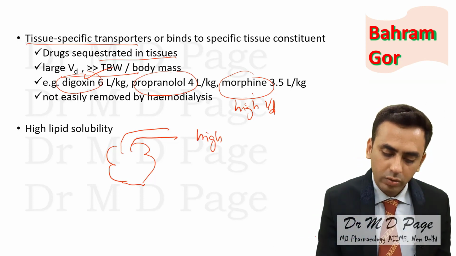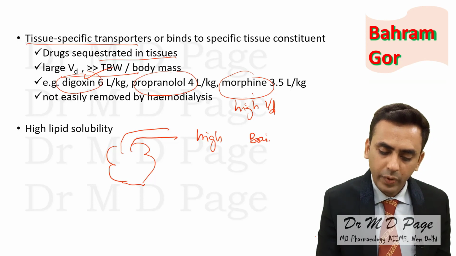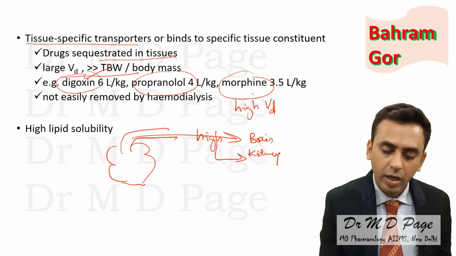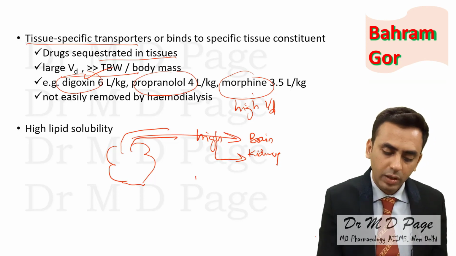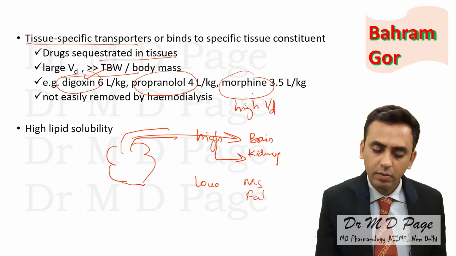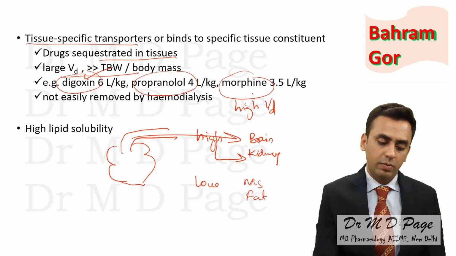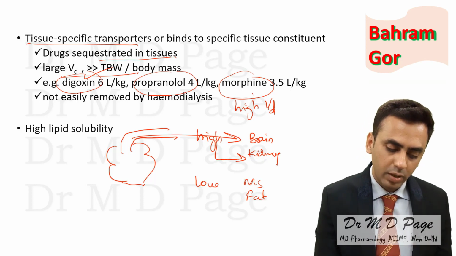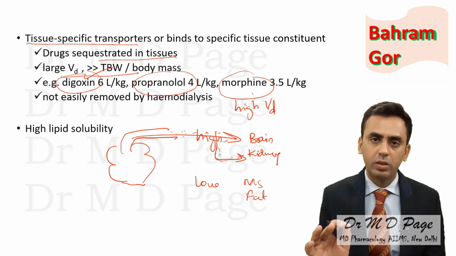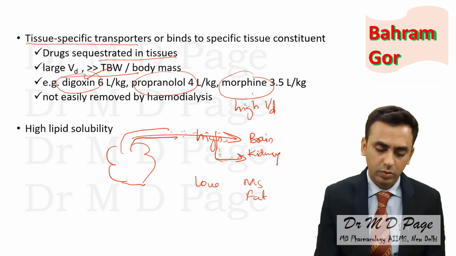High flow organs, for example brain and kidney, will get the first and more quantity of drug. Then the low flow organs, for example muscle and fat, will get the drug. But the drug is reaching these organs, and their capacity is low, so they will not take up all the drug, but the drug reaches first to them.